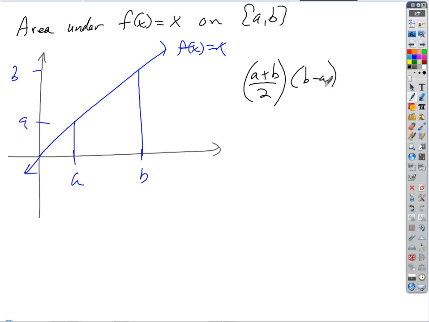So don't I just get b squared minus a squared over 2? Everybody agree? Okay. I'm multiplying conjugates on the top, so I get a difference of squares. Everybody good with this? Okay.